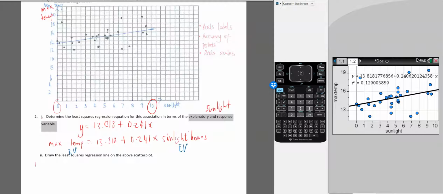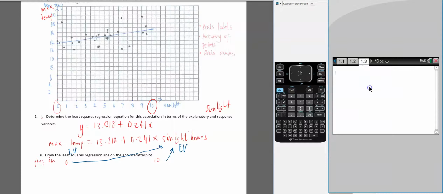So what I'm going to do is I'm going to plug in 0 into the equation, and I'm going to plug in 10 into the equation. So I'm going to plug those 2 values into here, into where the EV is. And I'm going to see what comes out when I plug those values in.